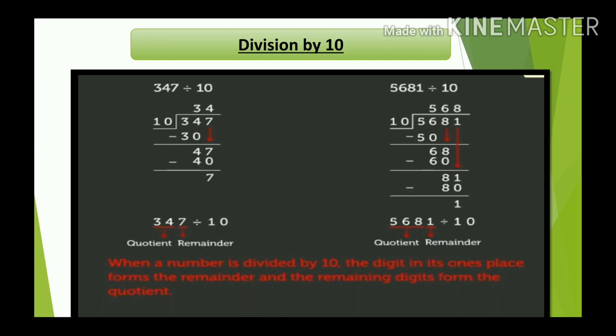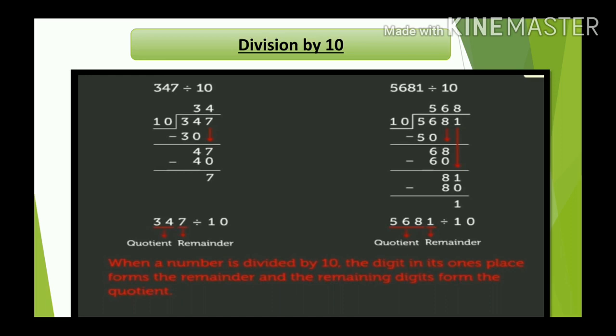Similarly in this second number, 5681 divided by 10, here also the last one digit is the remainder and the remaining numbers are the quotient.